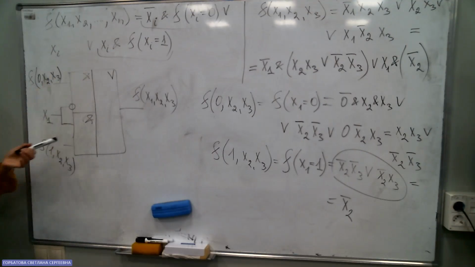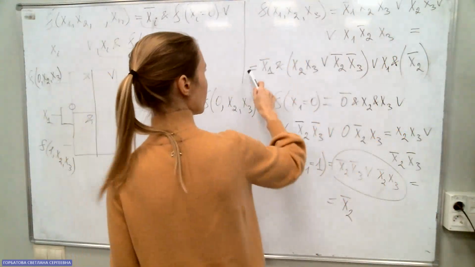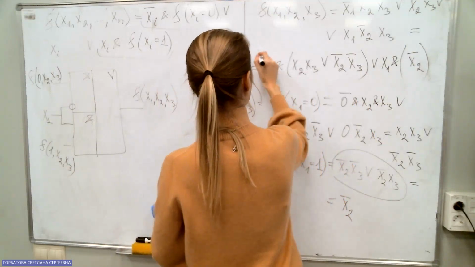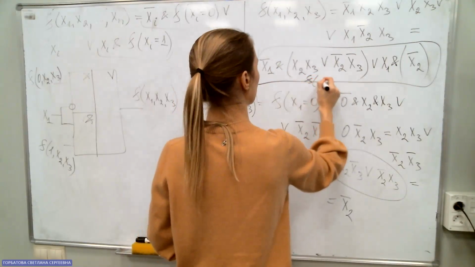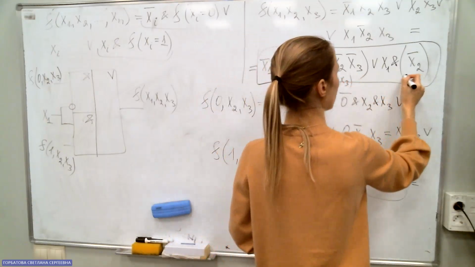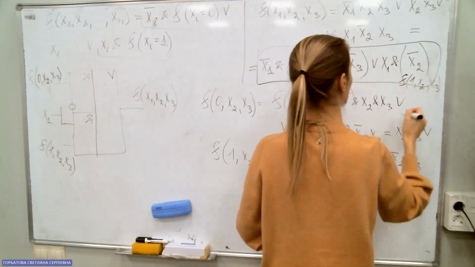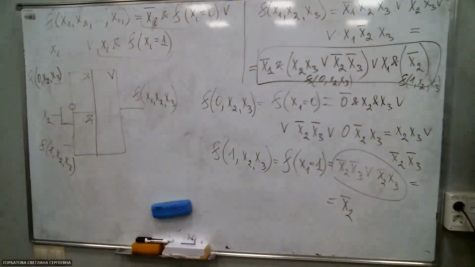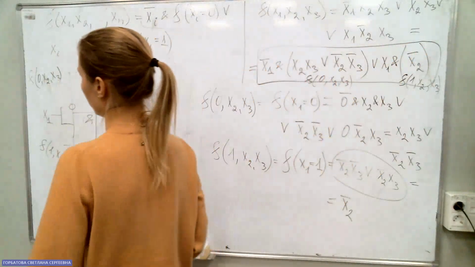So this block and this expression are absolutely the same: f of 0, x2, x3 and f of 1, x2, x3. So do we have questions?